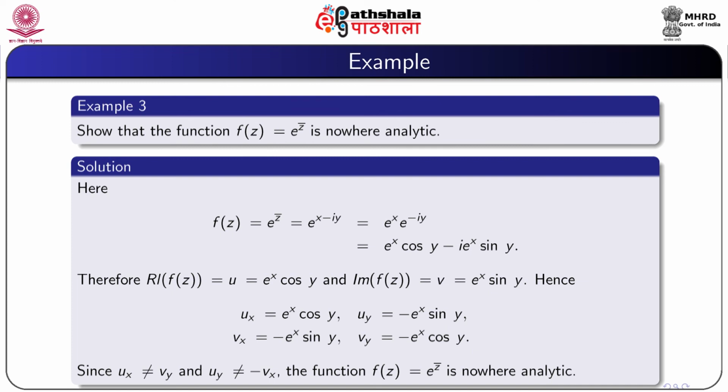So, from this we see that ux not equal to vy and uy not equal to minus vx. Therefore, the given function e to the power z conjugate is nowhere analytic in the complex plane.